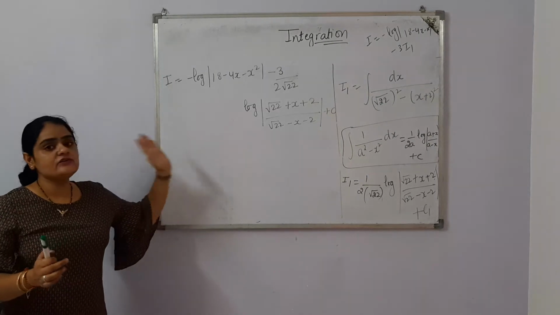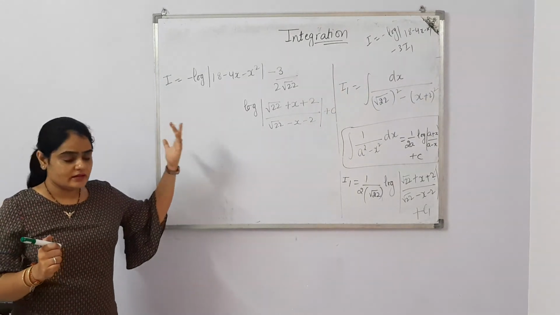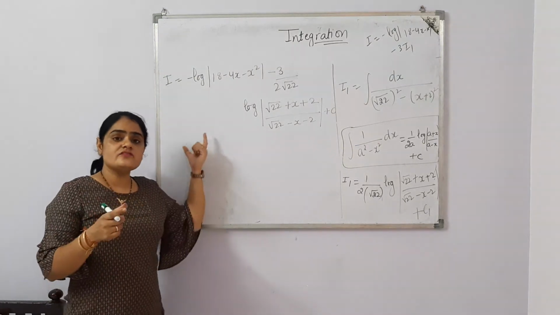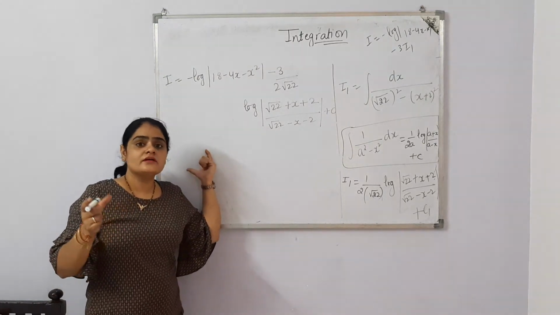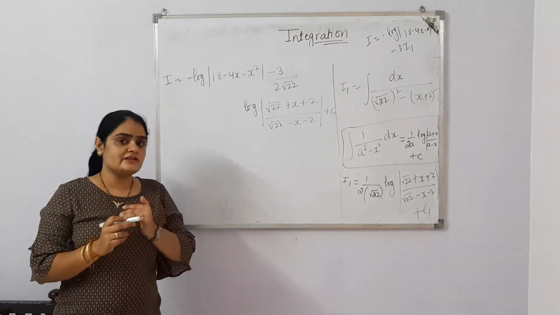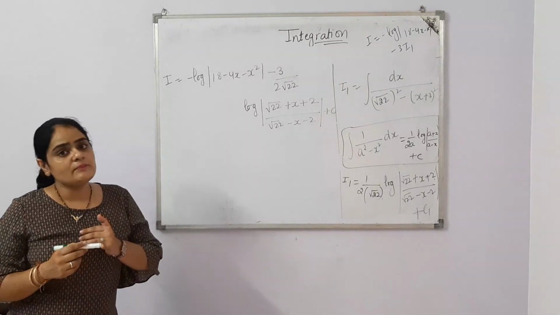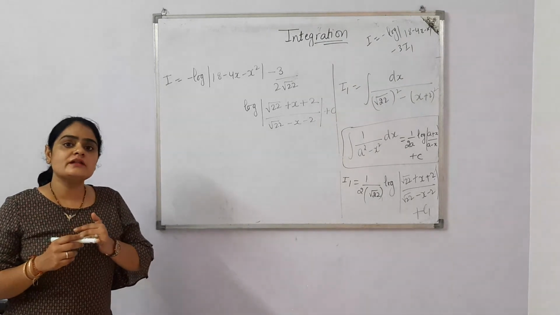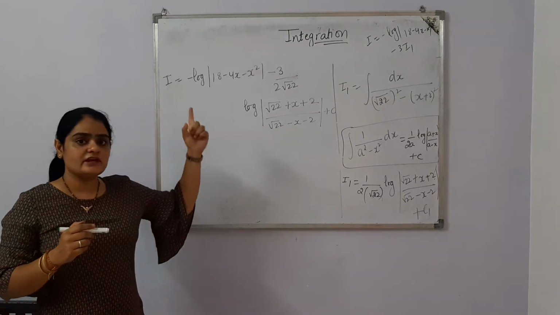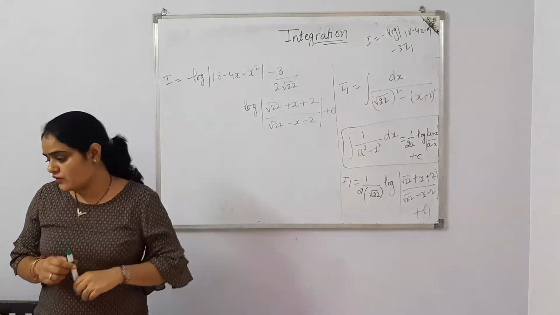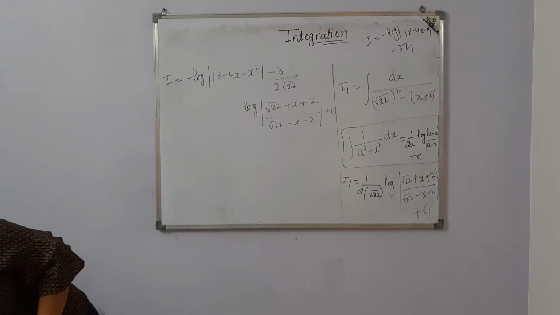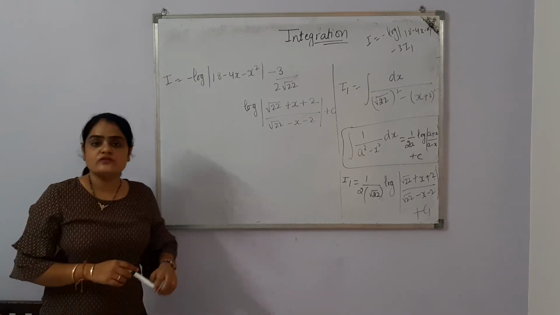Now in the third question, we saw that in the denominator there was a function whose factors were not possible. If the factors are not possible, the next criteria is completing the square. Completing the square is only possible when the numerator is a constant, but in this question there was a variable function, 2x plus 1.